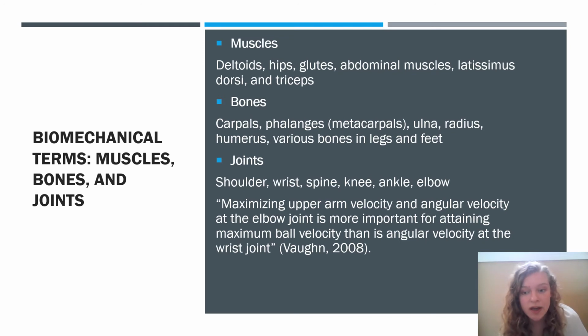And that is just because there's more motion taking place in the elbow joint than the wrist joint for this particular movement. But we will talk about that a little bit later in one of the next slides.